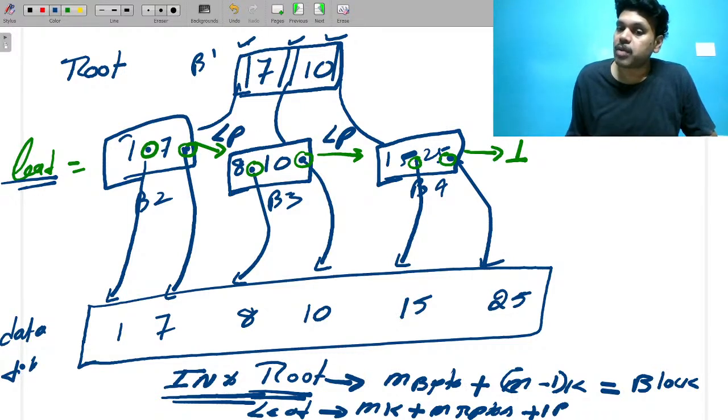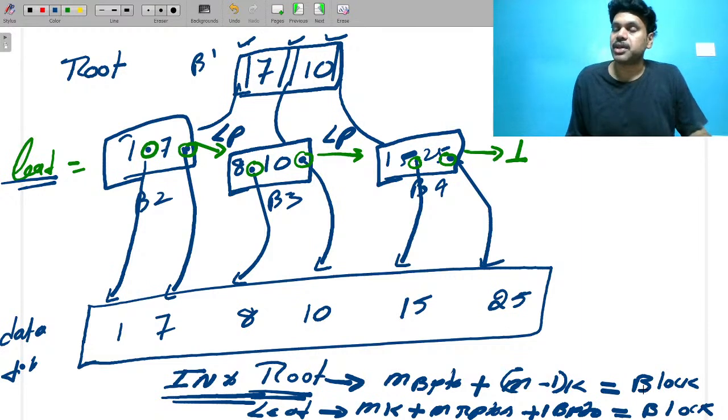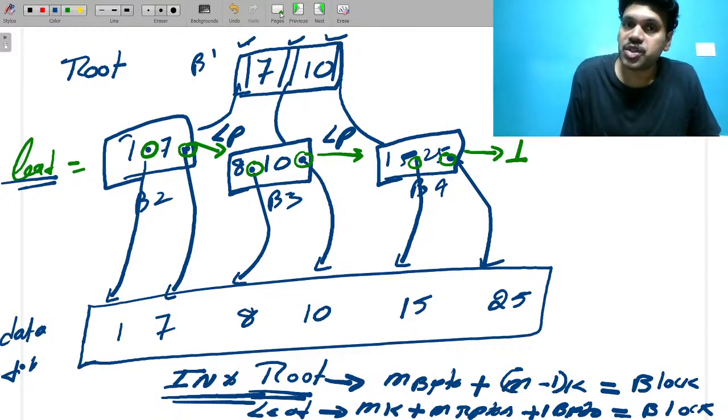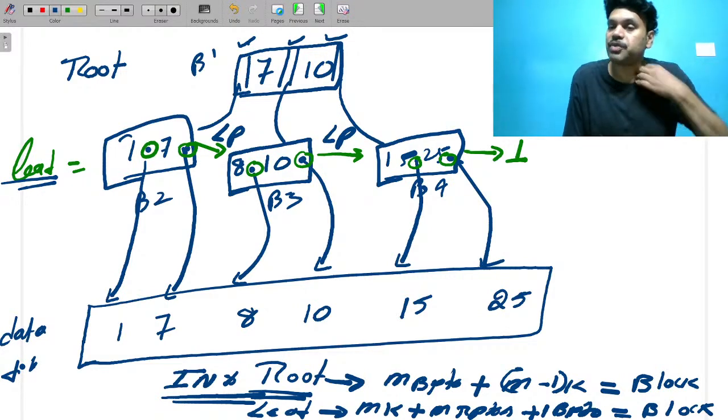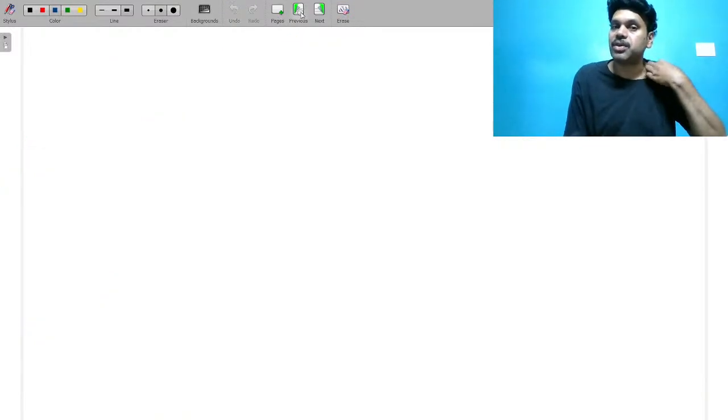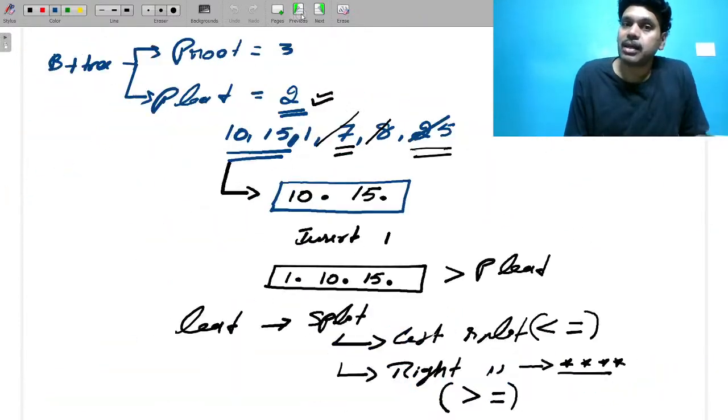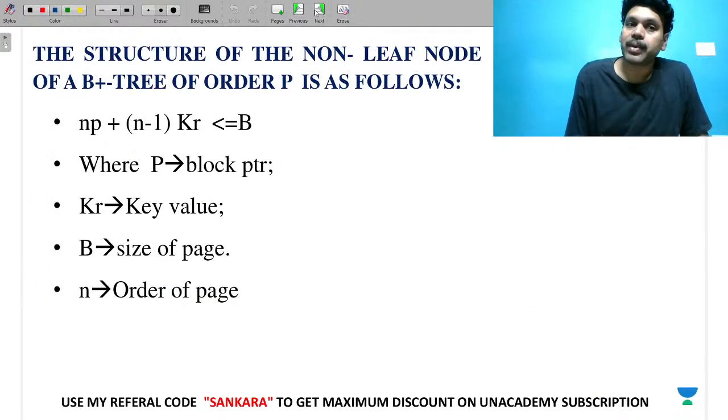So one block pointer I am maintaining, and all three are available in your block. My dear friends, we got two equations: one equation for a leaf node and the other equation for a non-leaf node. Please observe carefully.